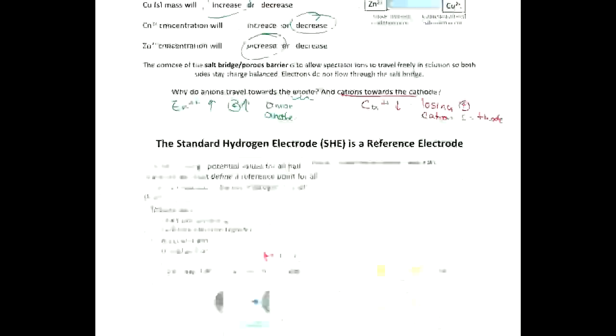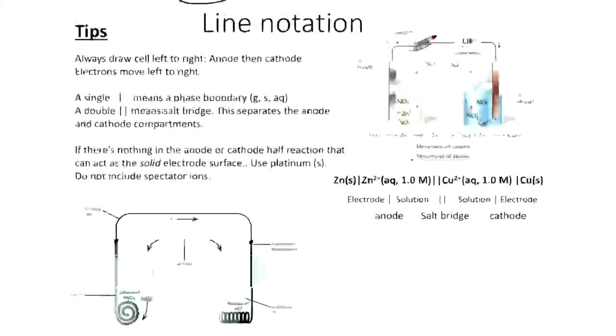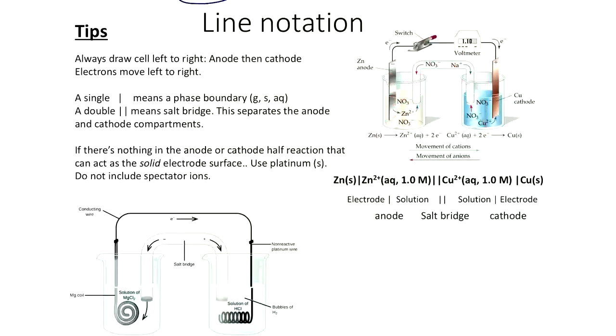So we can use line notation to help represent what's happening in a voltaic cell a little more clearly. Line notation tells you exactly what's in your anode and exactly what's in your cathode, but it does not necessarily tell you what redox reaction is happening. That's up to you to interpret, as long as you know what's happening in the anode and in the cathode.